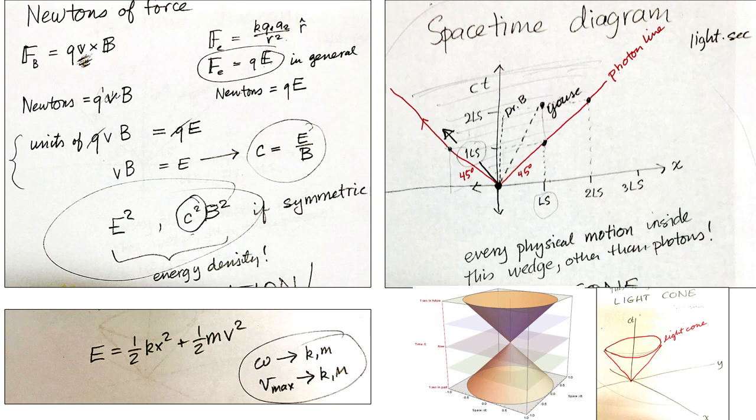So here's x, y, and ct. There's a 3-dimensional view, and the light cone would look about like this, and it would just keep opening outwards. All photons, no matter what color photon you are, no matter what your state of motion, are going to be on this photon surface. So this is a light cone.